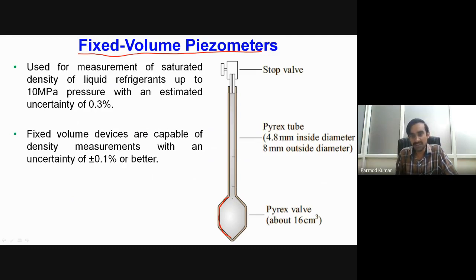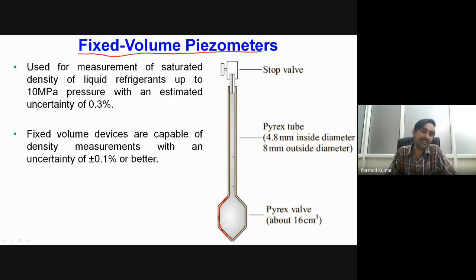To this volume we have one small capillary tube attached, which is a pyrex tube of 4.8 mm internal diameter and 8 mm outside diameter, and here we have a stop valve. While density is measured using this type of fixed volume piezometer, first this entire volume is kept in vacuum.